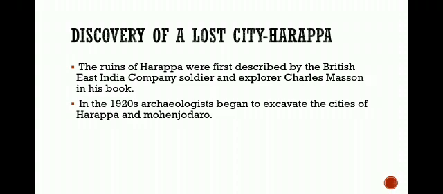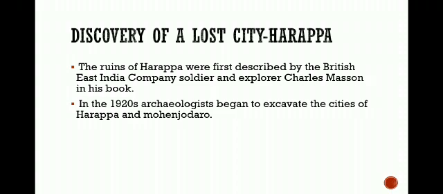Then next, in the 1920s, the archaeologists began to excavate the cities of Harappa and Mohenjo-daro. They unearthed the remains of these long unforgotten cities. In 1924, the Director General of ASI, Sir John Marshall, found many common features between Harappa and Mohenjo-daro.